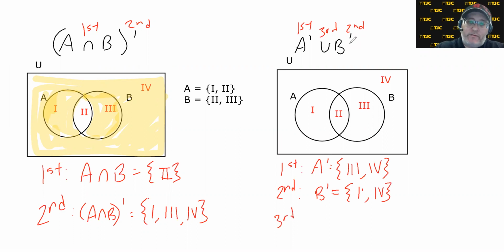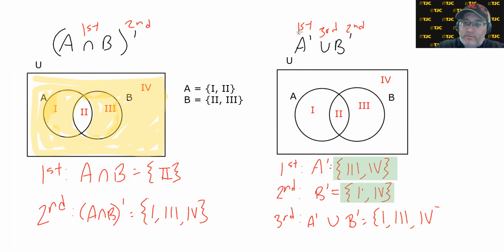And our third move is to take the union of A complement and B complement. So our third move is to take the union of these two sets. If we join them together, we get regions 1, 3, and 4.